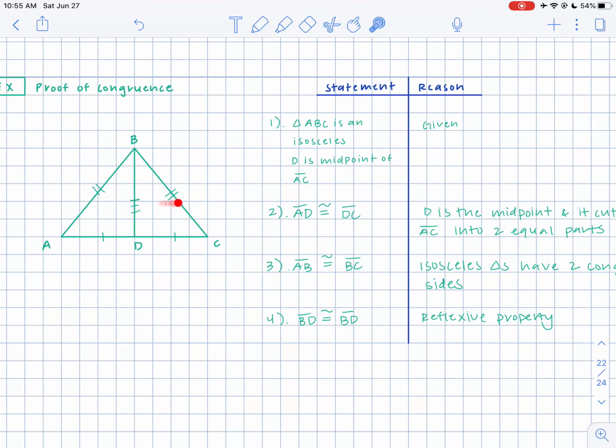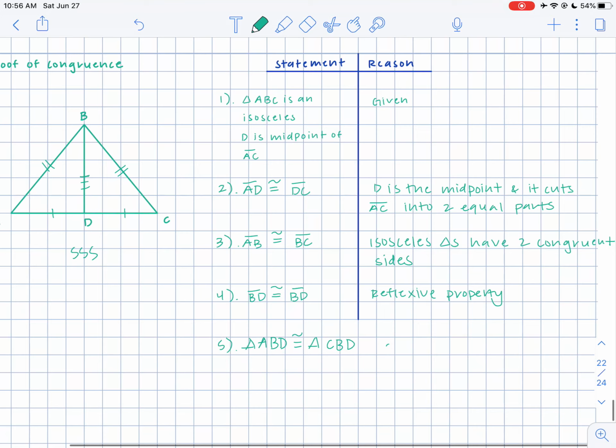Now what kind of postulate does this remind you of? This looks like side, side, side. So now we have three pieces of information and it fits one of our shortcuts. So now we can conclude that triangle ABD is congruent to triangle CBD. And what was the reason? The reason is the side, side, side postulate.